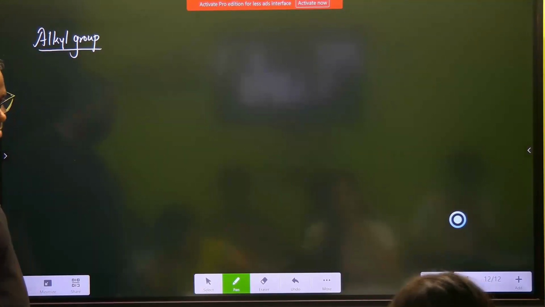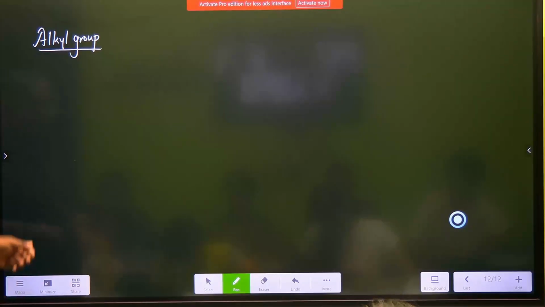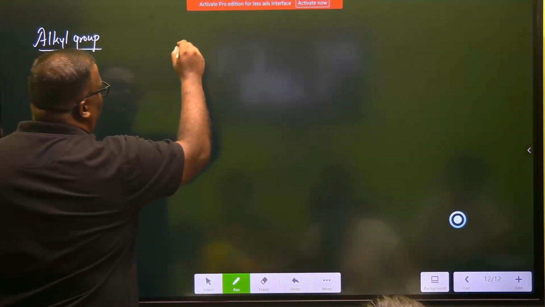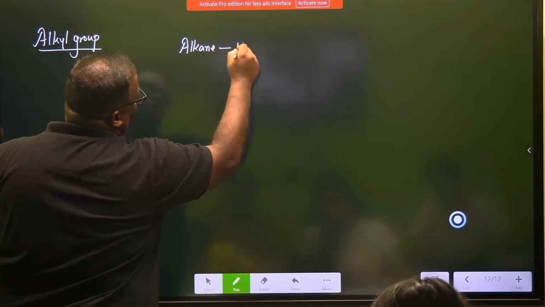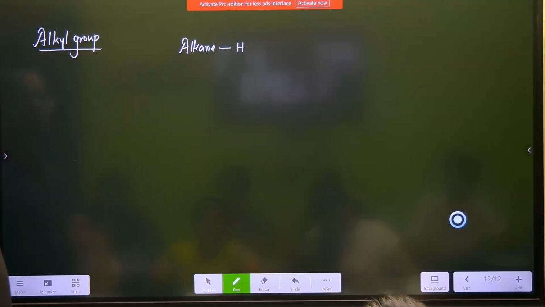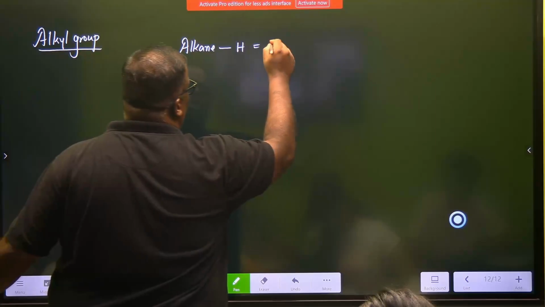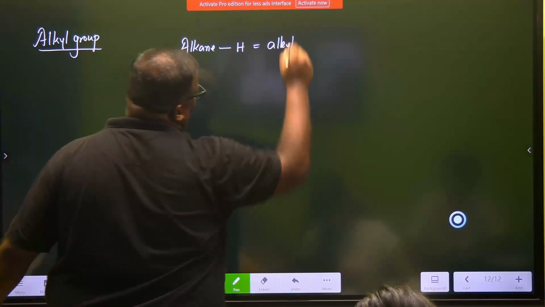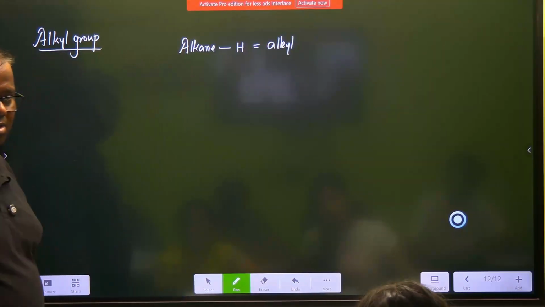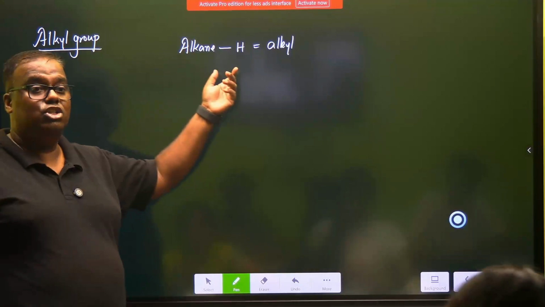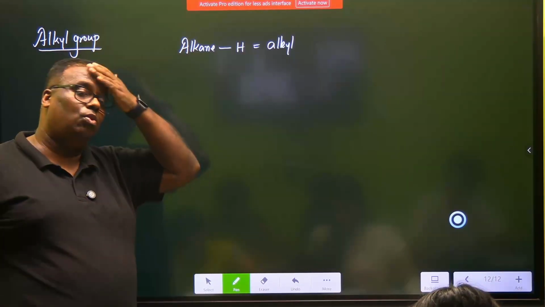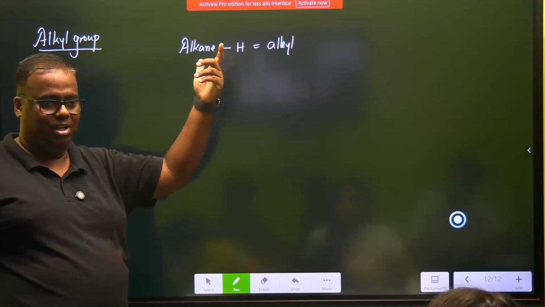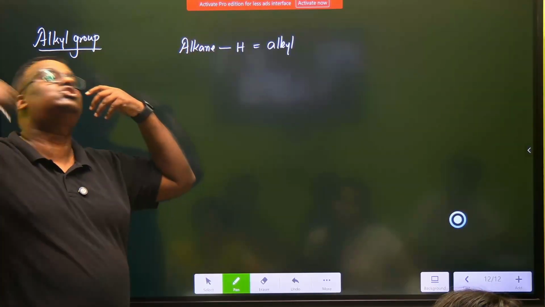Who is an alkyl? If I have an alkane and I strip out one hydrogen from the alkane, I actually make something which is known as an alkyl. From an alkane, strip out one hydrogen. Very interesting. If you strip out one hydrogen, the whole molecule will become unstable. It's like from a garland, you have just torn at one side.